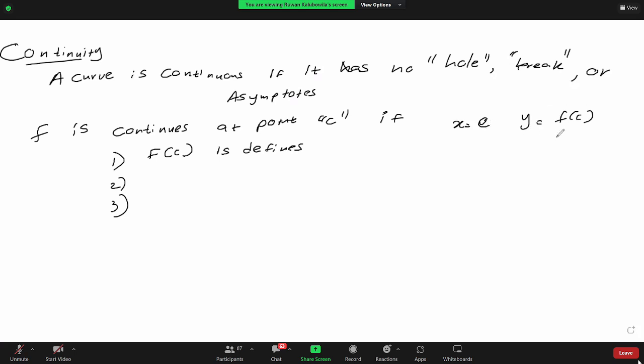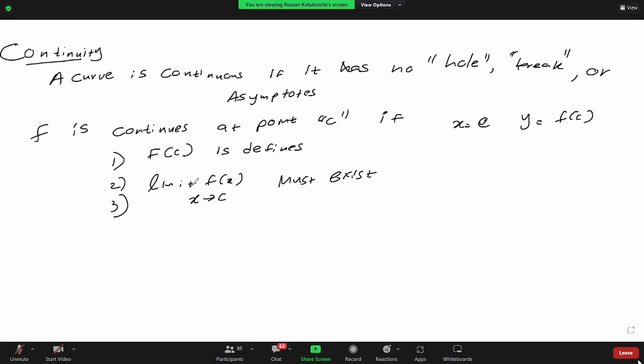If we can find f(c), that means this point is defined. That's the first one. Second one, the limit of f(x) when x approaches c must exist.